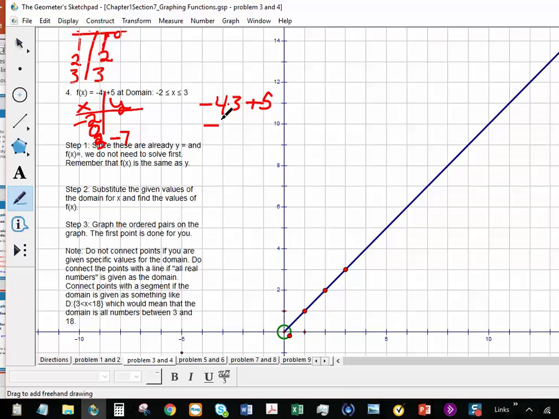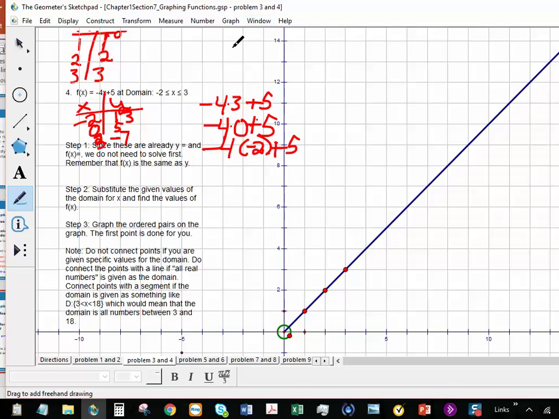At 0, I'm going backwards here, I'd have -4 times 0 plus 5. That's 5. And at -2, I would have -4 times -2, that's a positive 8. 8 plus 5 is 13.